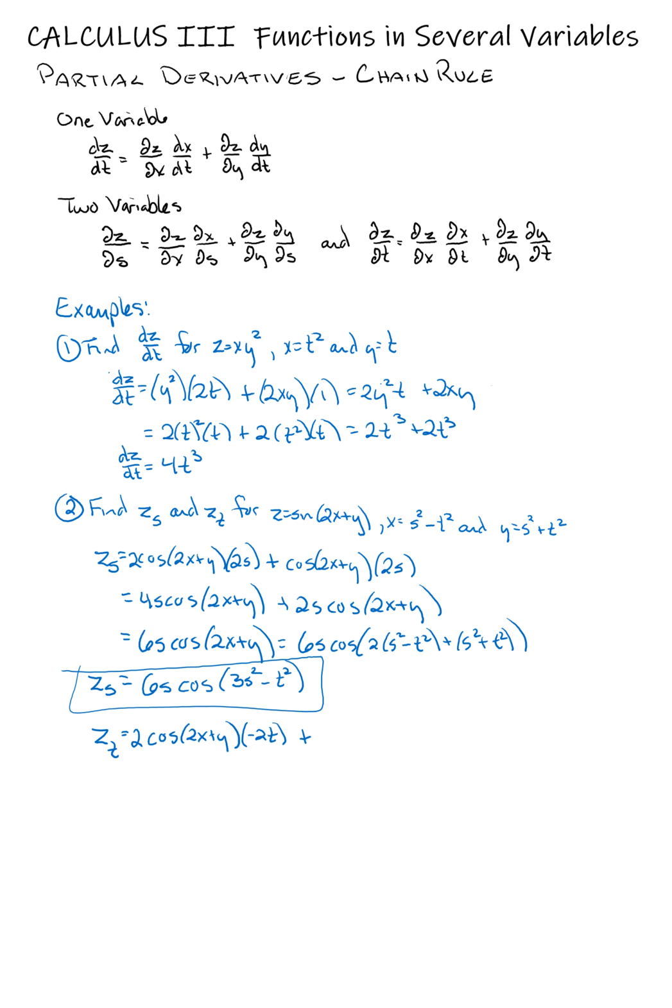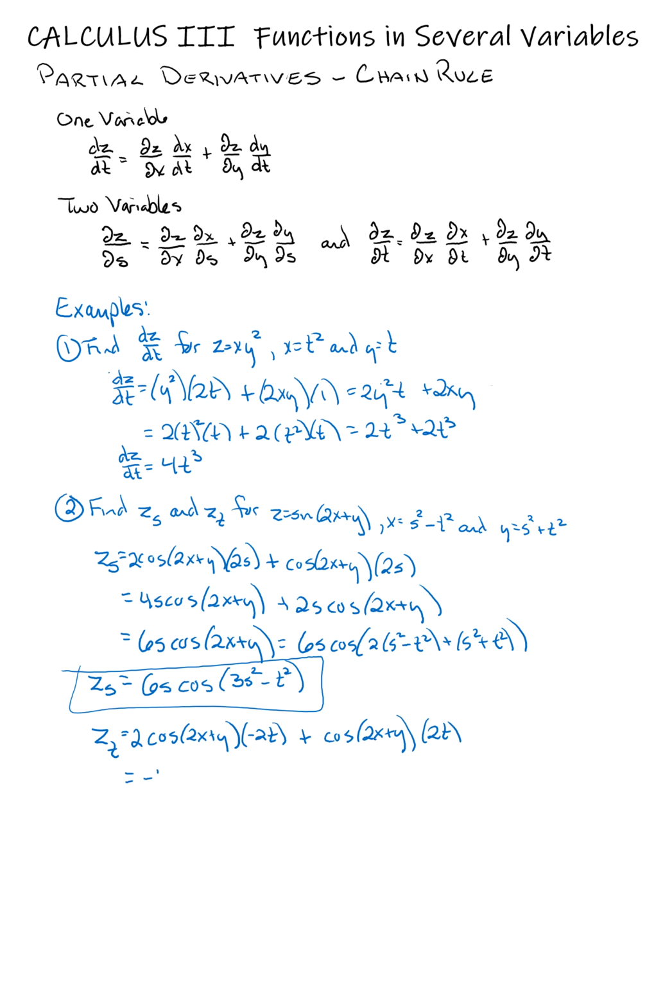Plus, now we're going to go through the same thing, but looking in terms of y's. So the partial of z with respect to y, and then the partial of y with respect to t. So what does that give us? That gives us cosine 2x plus y. And now the derivative of y with respect to t. Multiply that by 2t. We can clean this up a bit.